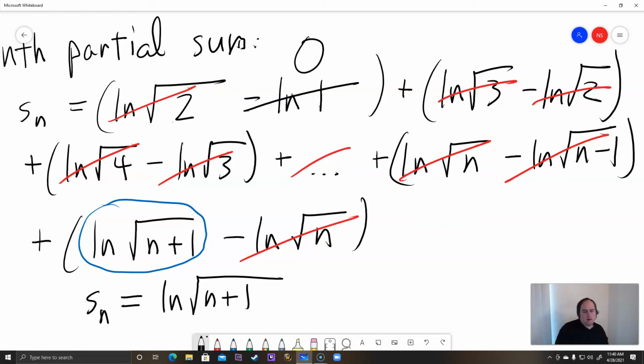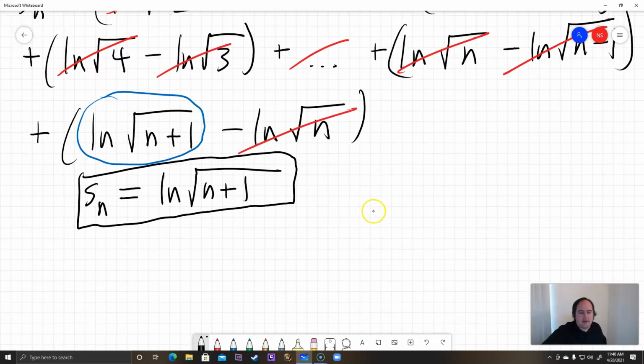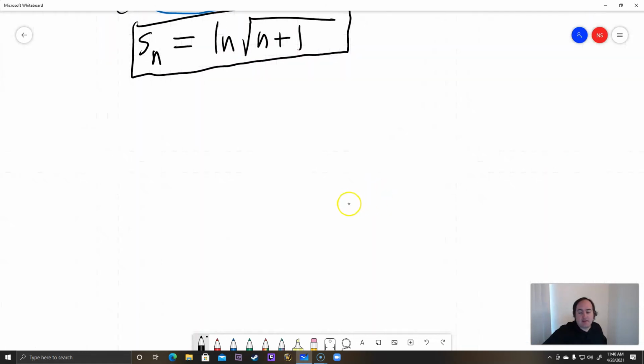Okay, so there's our nth partial sum, so they asked for that. And then what do they want us to do with that? Well, they wanted to determine whether the series converges or diverges. And just like before, if we take the limit as n goes to infinity of the nth partial sum, that will tell us whether it converges or diverges.